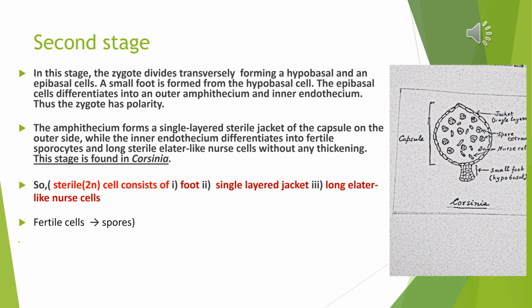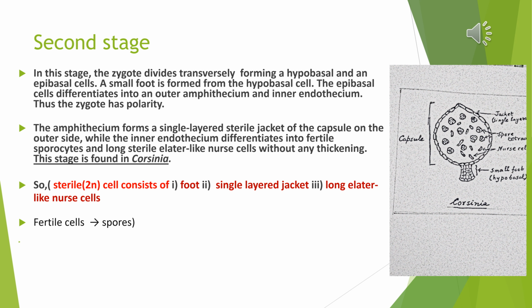Endothecium gives rise to fertile spores and sterile elongated nurse cells. So sterile 2N cells consist of foot, single layered jacket, long elater-like nurse cells, and fertile cells give rise to spores. So the foot is the new addition of sterile tissue, and the elater-like nurse cells here remain also in the mature state.